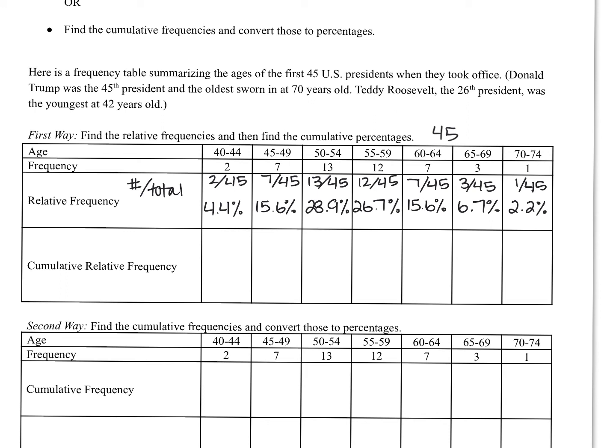For a cumulative relative frequency, we add the percentages as we go. So the cumulative relative frequency says how much of the total percent has occurred so far. So the first range is always going to stay the same because that's the only amount that's occurred so far. So the first one is still 4.4%.